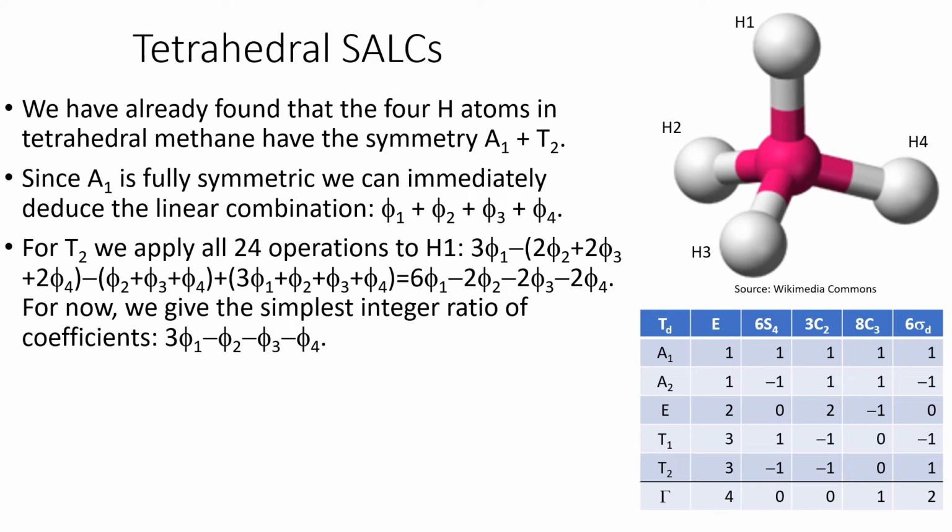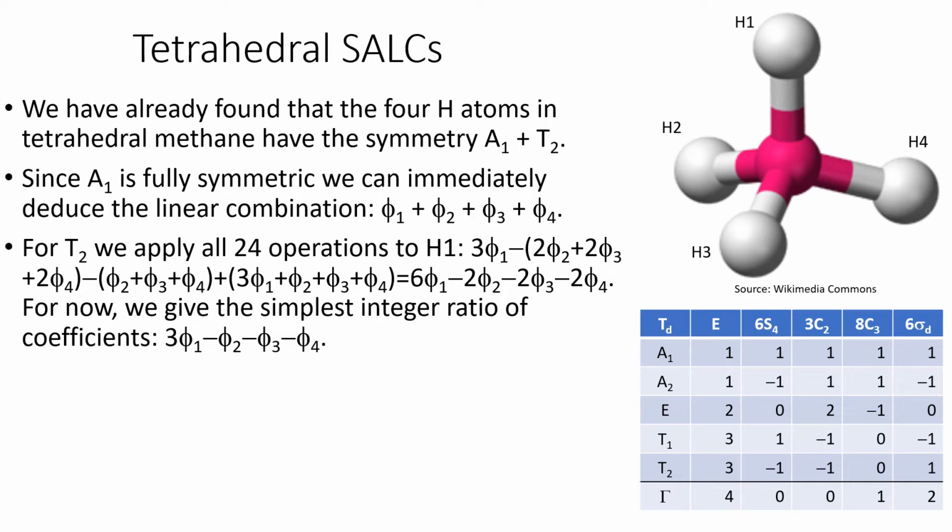And so phi 2, phi 3, and phi 4, again, are the possible outcomes. So again, each of these rotations is moving the hydrogen atom onto a different atom, and depending on which Cartesian axis is involved, it takes you onto a different hydrogen atom, hence the phi 2, phi 3, phi 4, all of them having a minus sign in front because of the character.